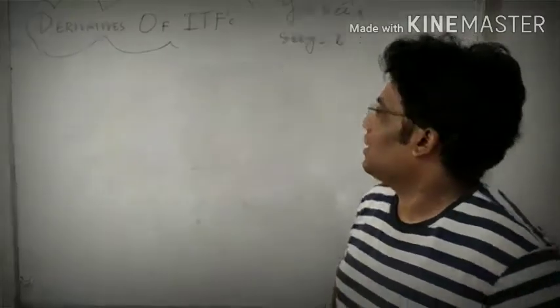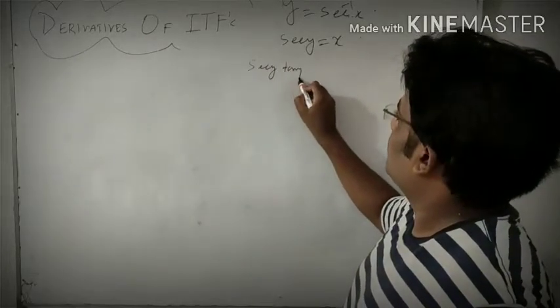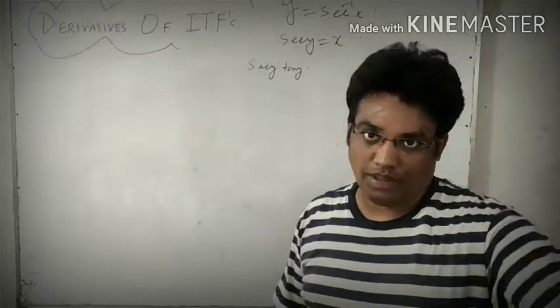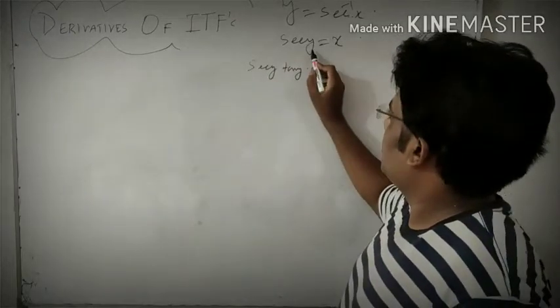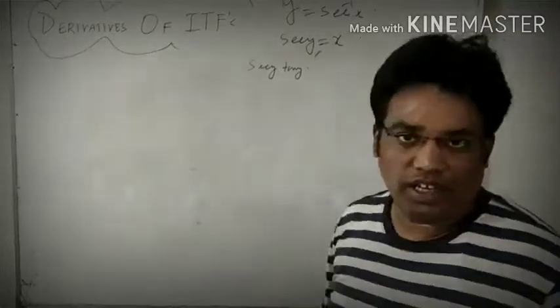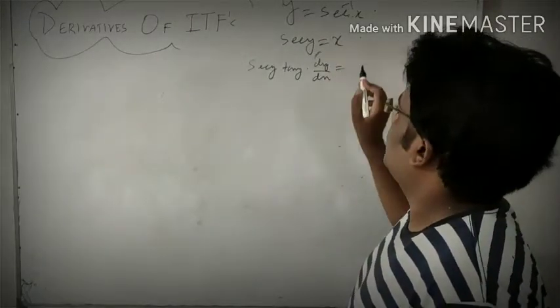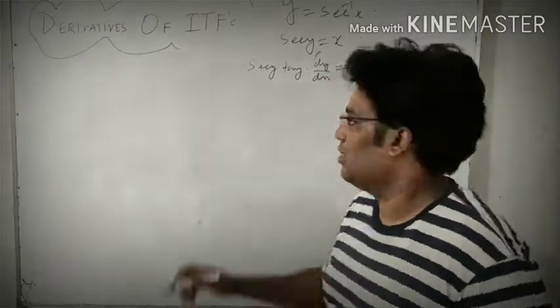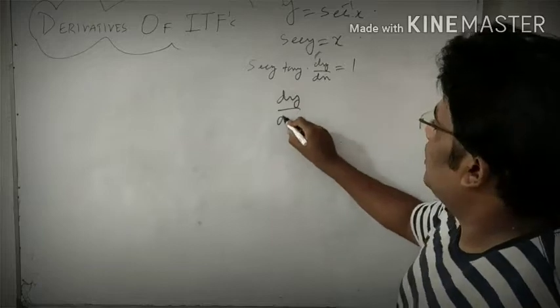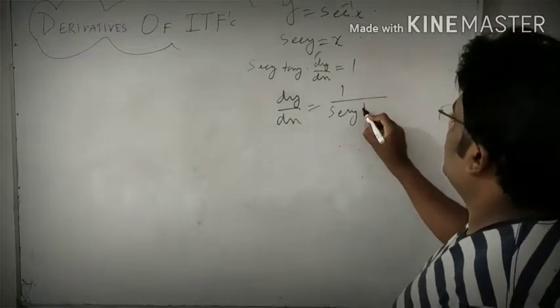In the same way, the derivative of secant of something is secant of something into tan of something into differentiation of that something. Differentiation of y with respect to x is dy by dx, and differentiation of x with respect to x is 1. Finally, dy by dx equals 1 by secant y into tan y.